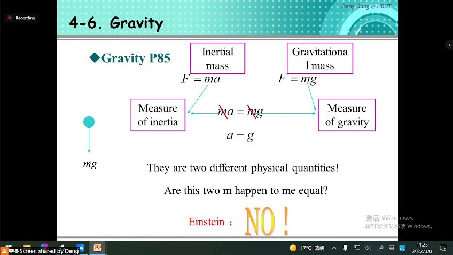So that's why we discuss this first. It's a universal gravitational force. You cannot escape from this.